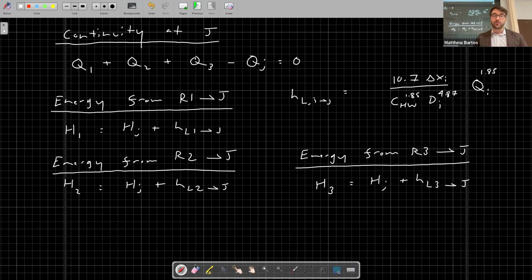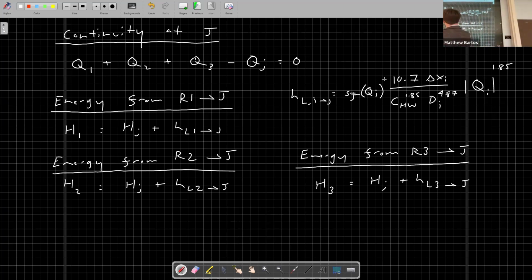So we took the absolute value of the discharge to the 1.85 power and multiplied by the sign of the discharge to make sure that this head loss was applied in the correct direction. So this is a review of how we solved pipe networks previously in this class.